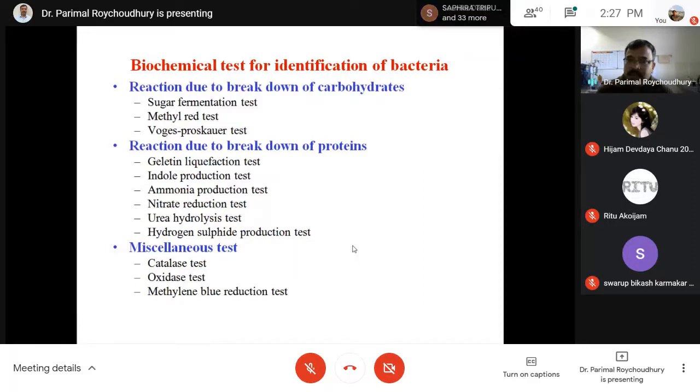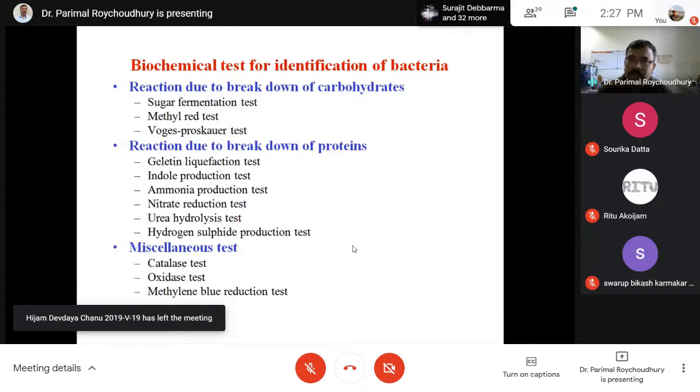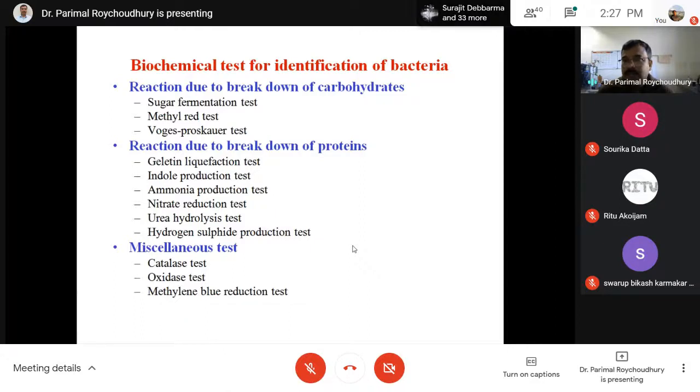And yes, the list is increasing as newer and newer organisms are explored, and the easiest possible way to identify differences in the biochemical behavior of the organisms is day by day being incorporated into the list.